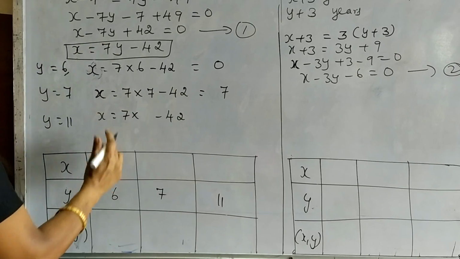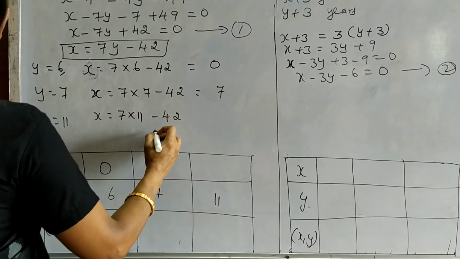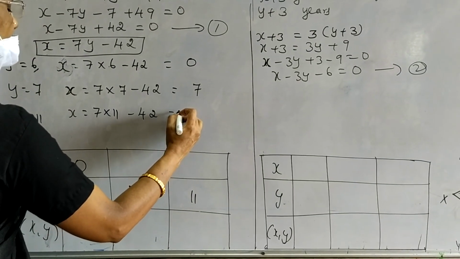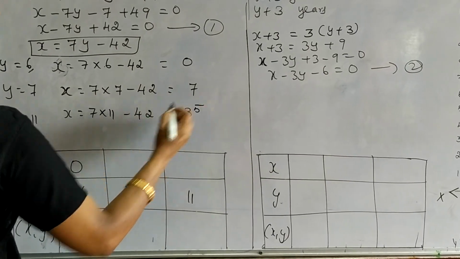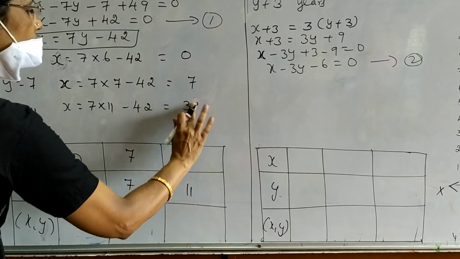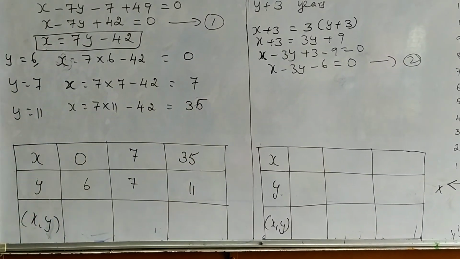So it is 7 into 11 minus 42. It becomes 77 minus 42, which is 35. So here it is 7. Here the corresponding value is 35. So the first table we have made.